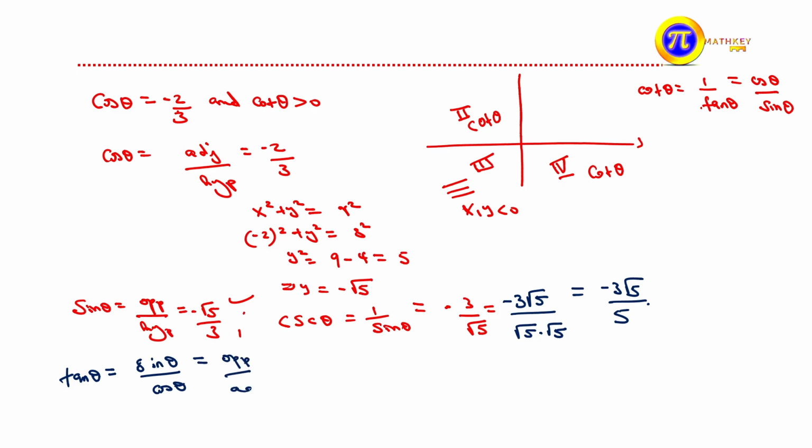The opposite is negative root 5 and the adjacent is negative 2, which gives root 5 over 2 after the negatives cancel. This is not correct. Cosec is 2 root 5 is also not correct, since we found C, so the correct answer for this is C.